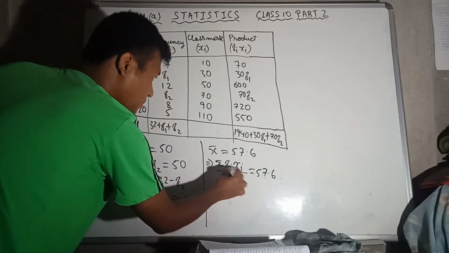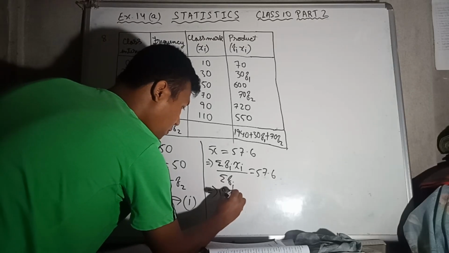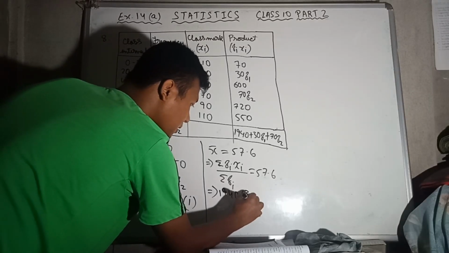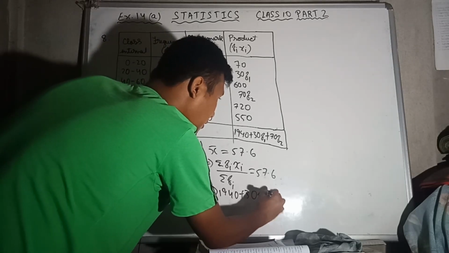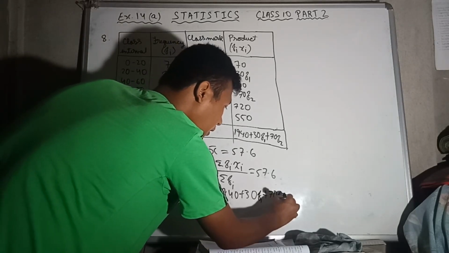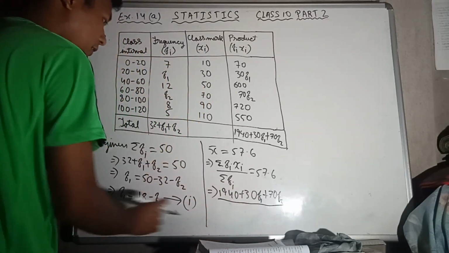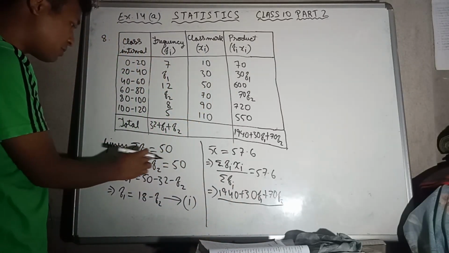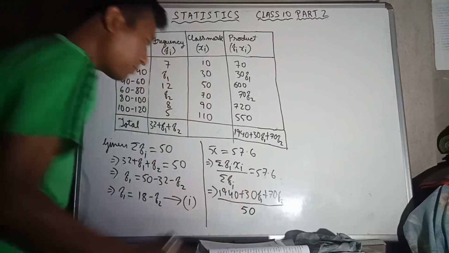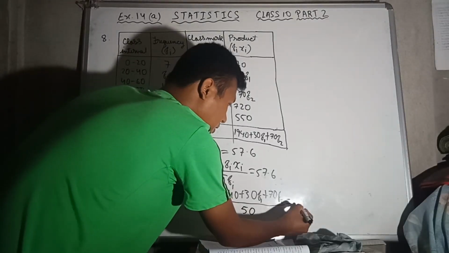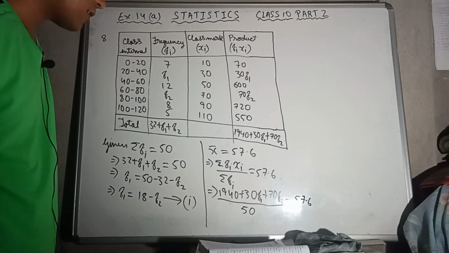So summation of fi xi is 1940 plus 30 f1 plus 70 f2, divided by summation of fi, which is 50, and this is equal to 57.6.